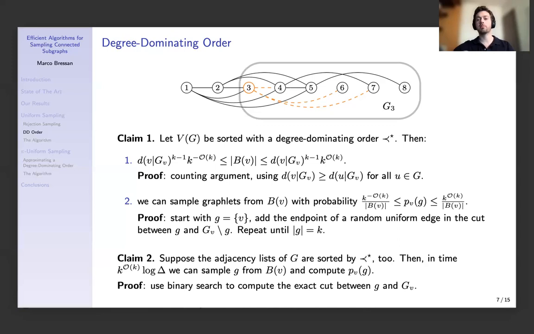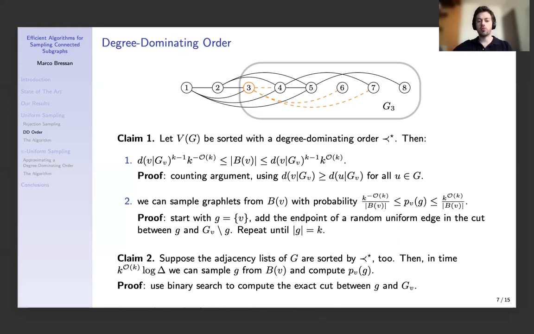Well, the only expensive operation that we make during this sampling routine is computing the cut between the vertices that we have already selected and the rest of G_V. And to compute this cut efficiently, we need just to locate the edges between the vertex and G_V, which can be done by binary search on the adjacency list of that vertex, by searching for the position of V and considering all the elements after the position of V.